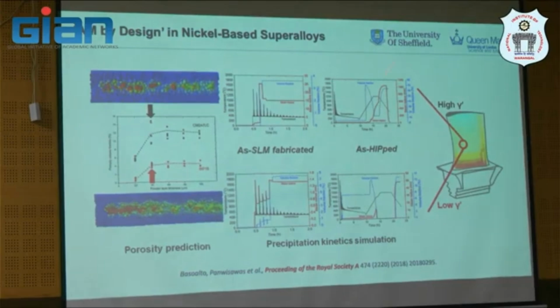And this will contribute a lot to determining the material life. For example, as you know, we use the distribution of the gamma prime for the life of nickel-based superalloys. So if we know the profile and the size of the secondary phase, we may be able to predict the life of the component. That's why it matters.